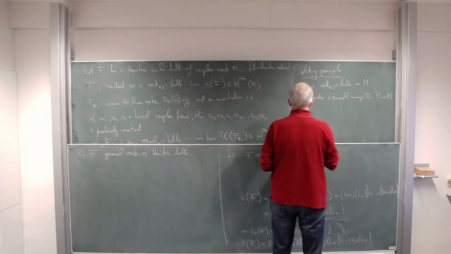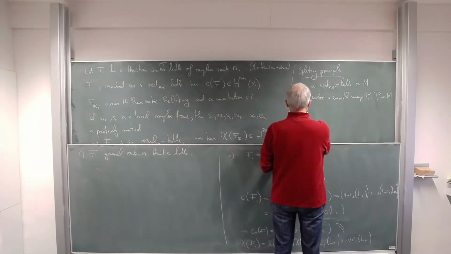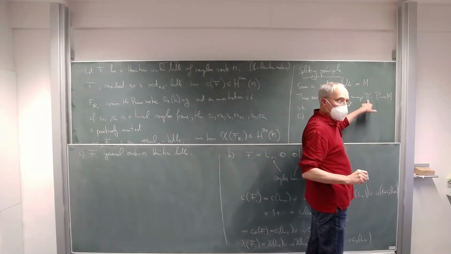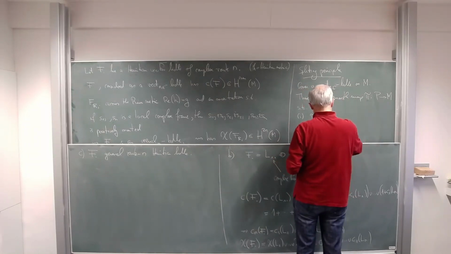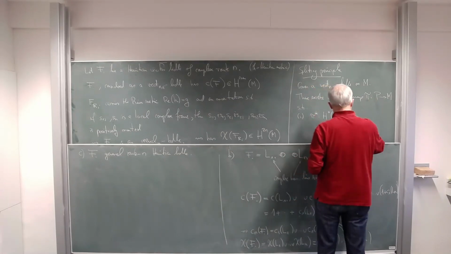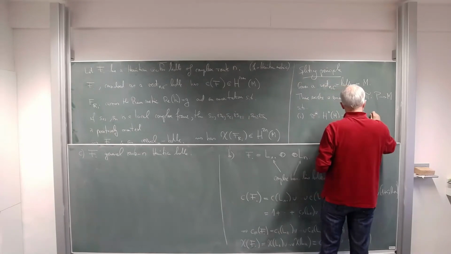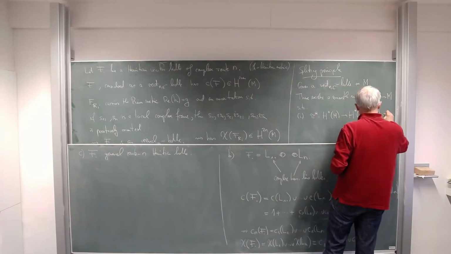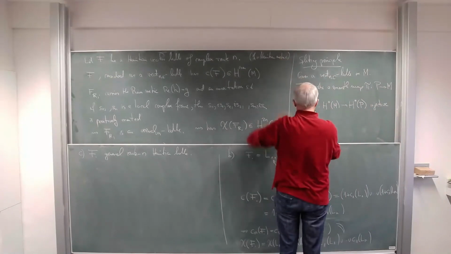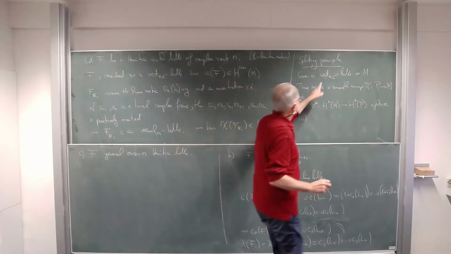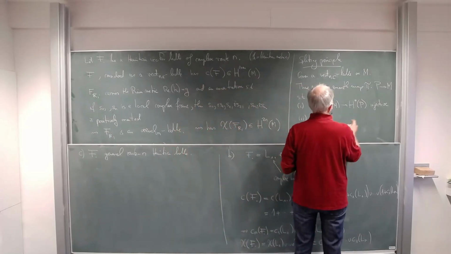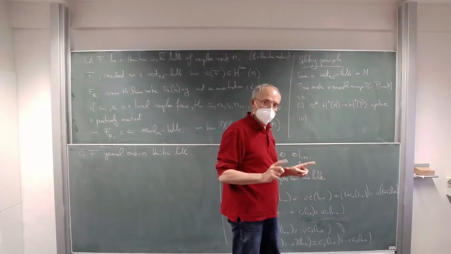So smooth map such that the following two things hold, such that first, the induced map on cohomology is injective. So pi star, which goes from cohomology of M to the cohomology of P. So this is injective. And secondly, the given bundle that we have here, when we pull it back to P, it decomposes into line bundles.